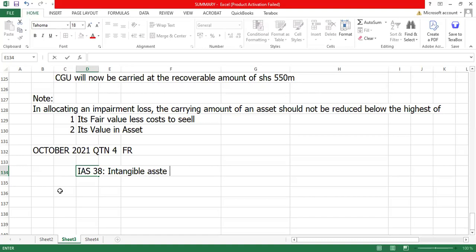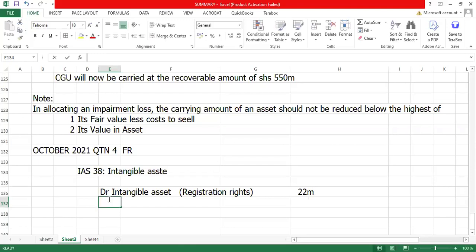Okay. Whereby you're going to debit the intangible asset. You debit the intangible asset, that is the registration rights, registration rights of 22.